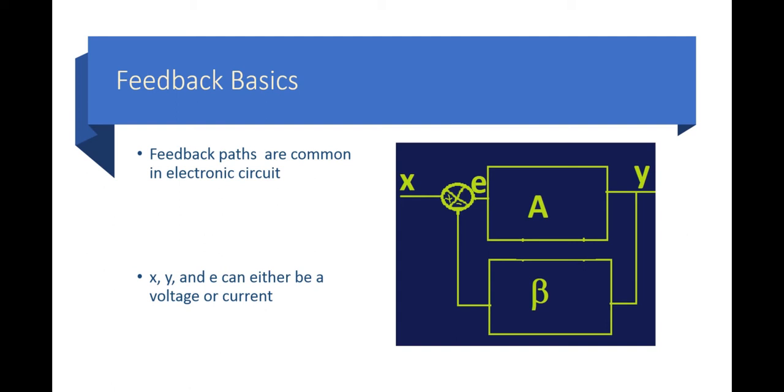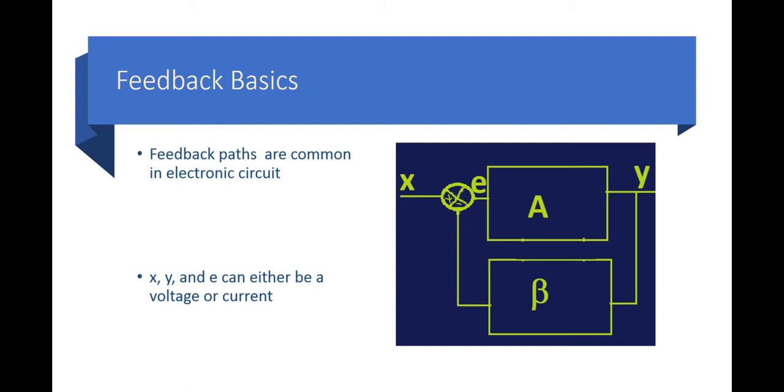X, Y and E can either be a voltage or current. X and E will always be the same. That is, if X is a voltage, E will be a voltage, and if X is a current, E will be a current. And the same goes for the output of the feedback path. So if the output of the feedback path is a voltage, both X and E will be voltages.